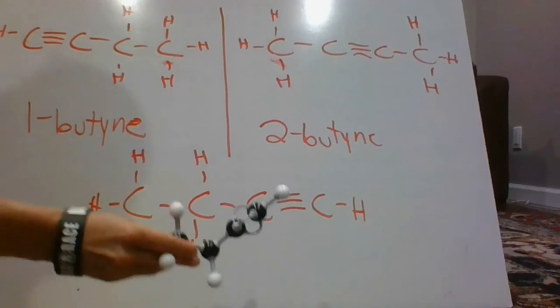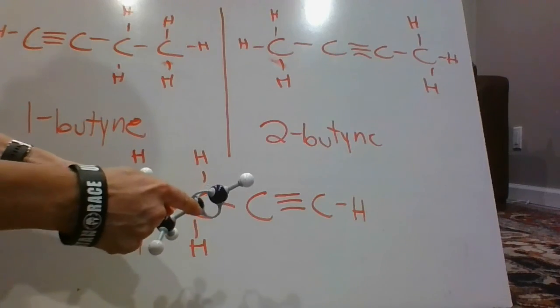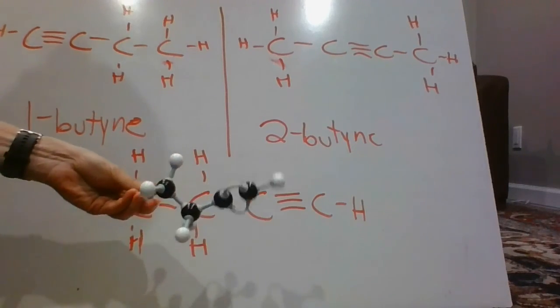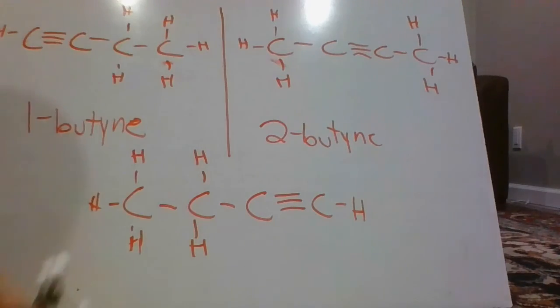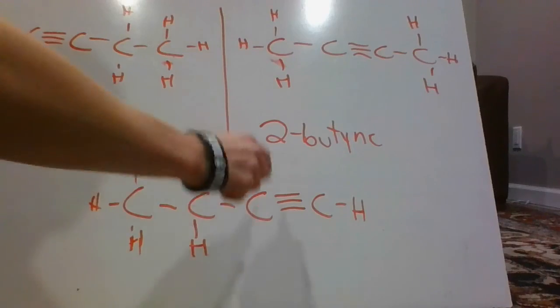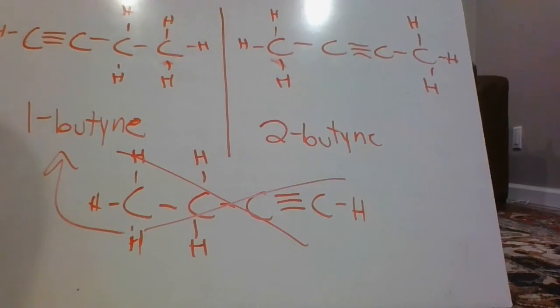So for instance, here I would have this structure, a carbon single bonded to a carbon, single bonded to a carbon, triple bonded to another carbon, which is the same structure as 1-butyne. So this does not give you a different structure. This is the same as 1-butyne, and therefore there are only 2 isomers of butyne.